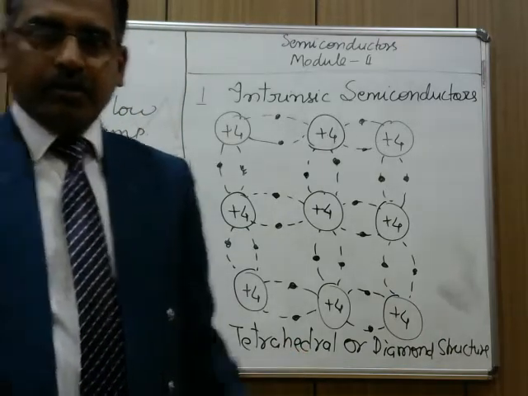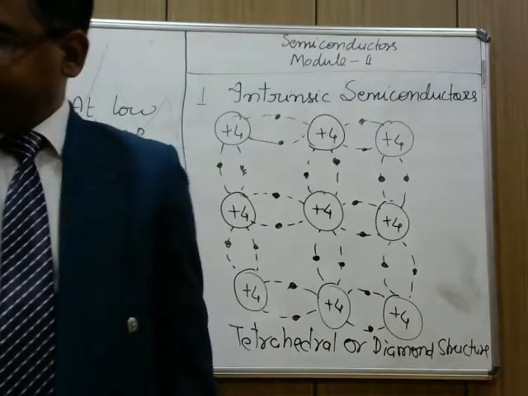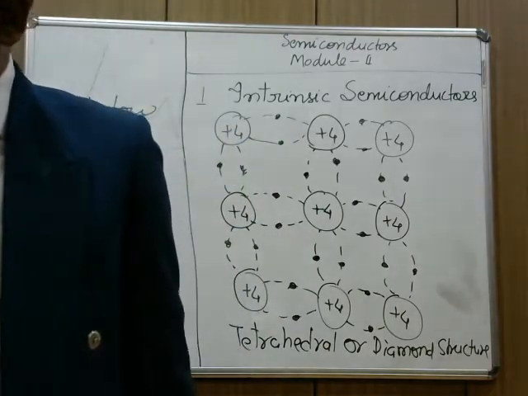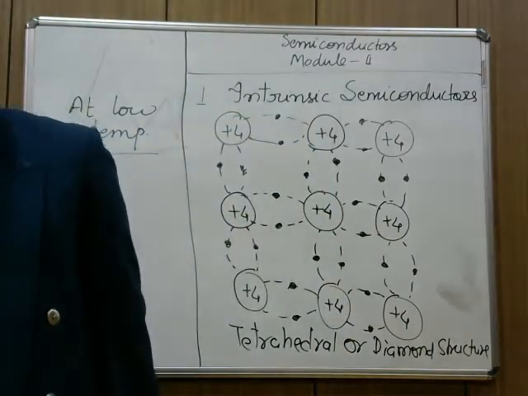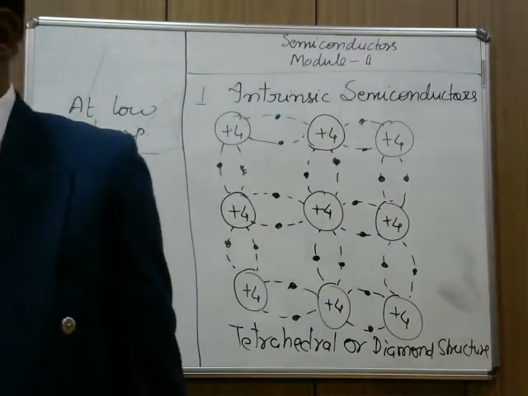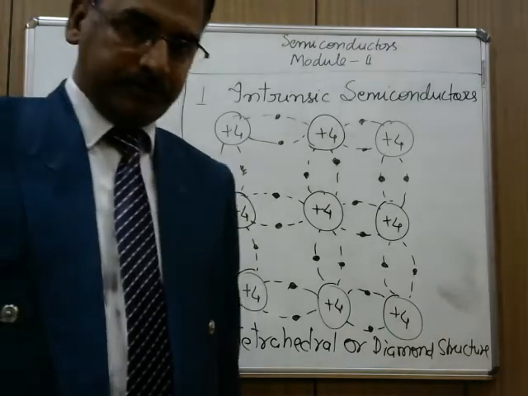But at room temperature, when the temperature is high, the thermal energy of the valence electron increases. As shown in the figure, an electron may break away from a covalent bond.